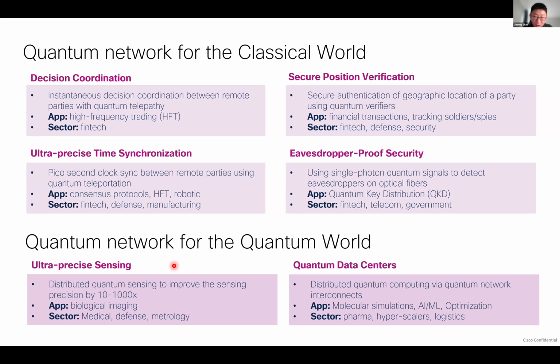This includes distributed quantum phase estimation, which can be used for biomedical imaging and other sensing applications. And the last one is the quantum data center. This is our main focus. We are developing a quantum network framework for distributed quantum computing. And this is also the main topic of today's presentation.